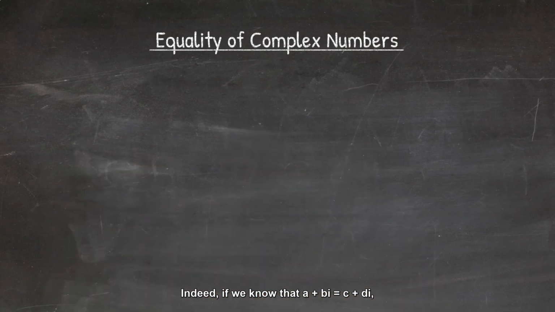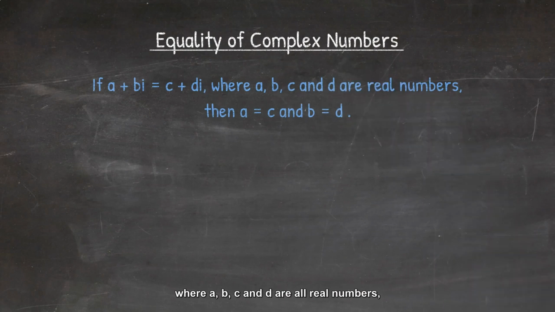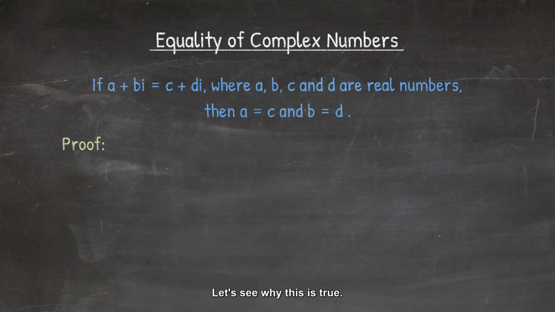Indeed, if we know that a plus bi is equal to c plus di, where a, b, c, and d are all real numbers, then we can conclude that a is equal to c and b is equal to d. In other words, if two complex numbers are equal, then their real parts are equal and their imaginary parts are equal. Let's see why this is true.